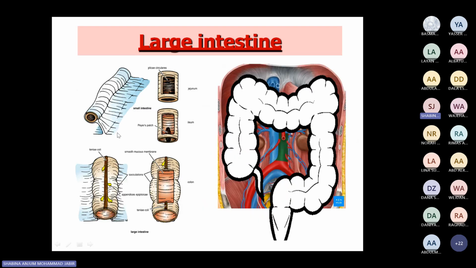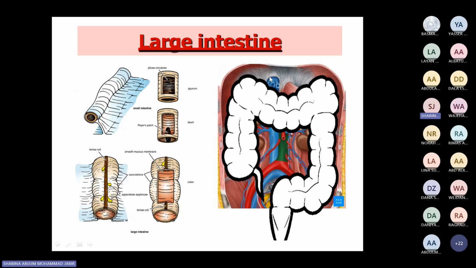Then another feature, sacculations. What do you mean by sacculations? If you see the large intestine and small intestine, the external feature of the small intestine is smooth, right? But in the large intestine, they make small sacs like this.